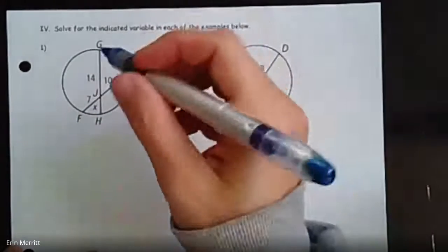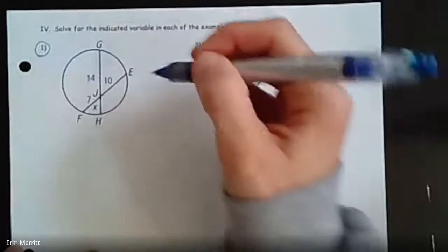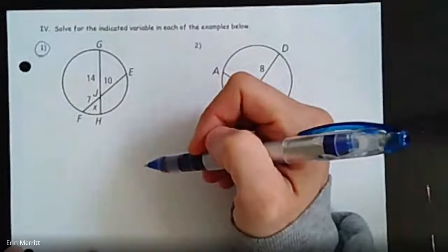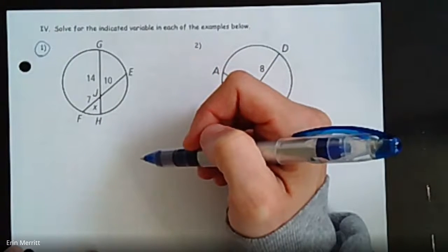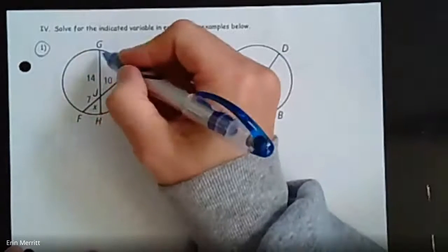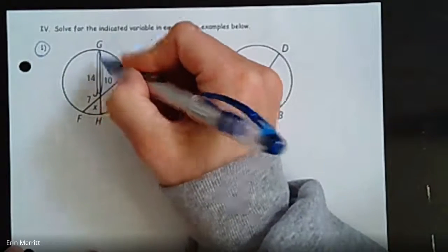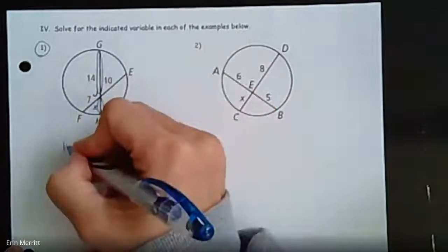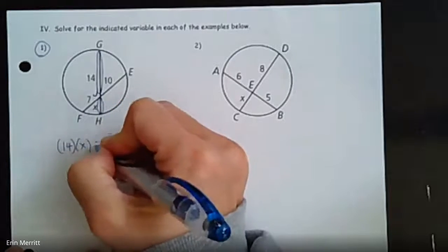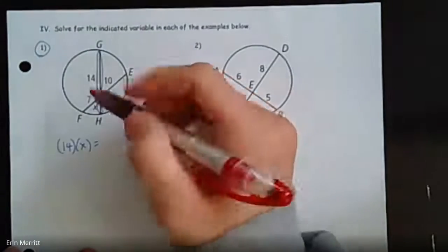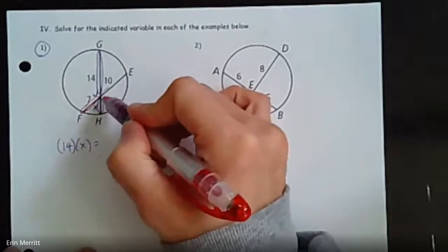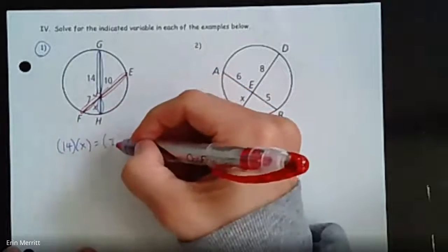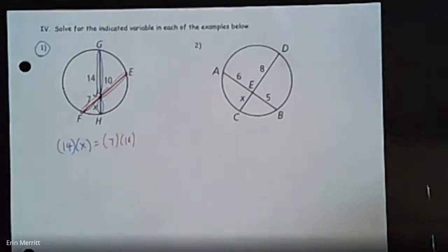So like number 1 here, it's the product of the parts equals the product of the parts of the other segment. So if I use this first segment, I got 14 and I have x. So it'd be 14 times x. And then I can use the second segment. That's 7 and 10. So it should be equal to 7 times 10.